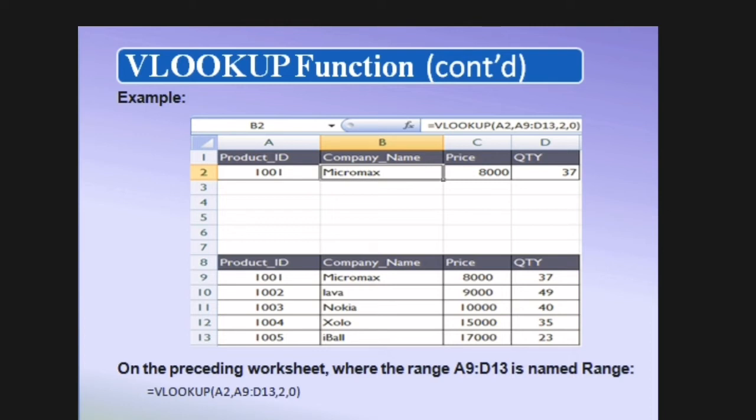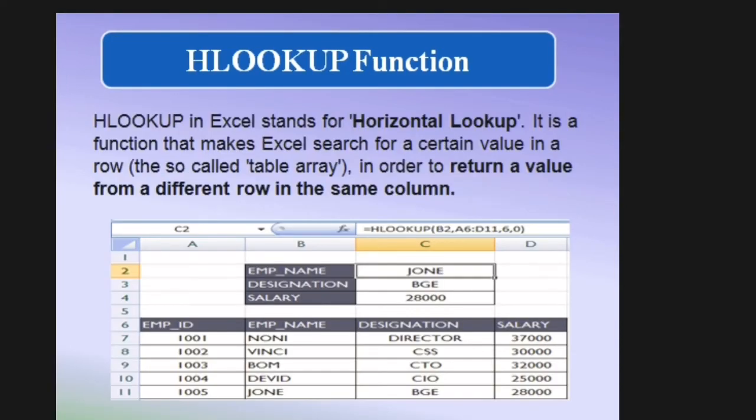HLOOKUP in Excel stands for horizontal lookup. It is a function that makes Excel search for a certain value in a row, in order to return a value from a different row in the same column.